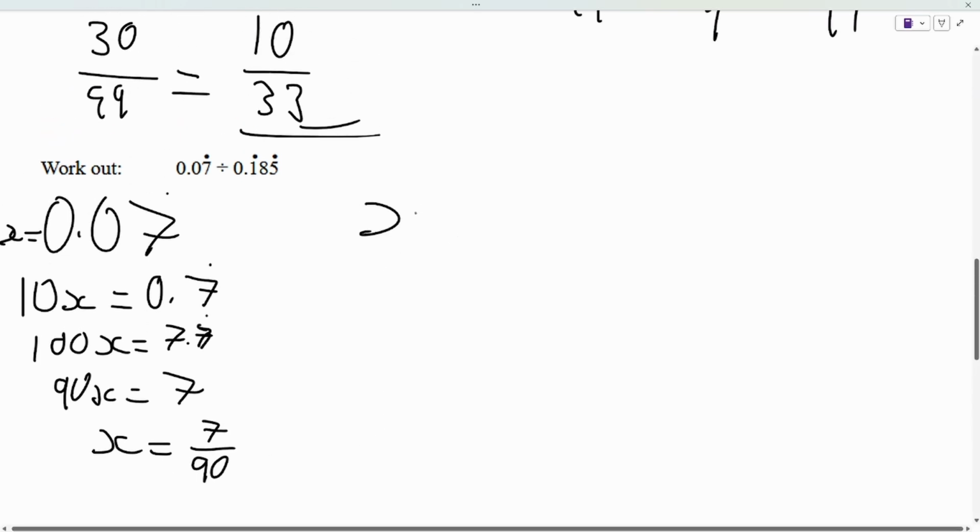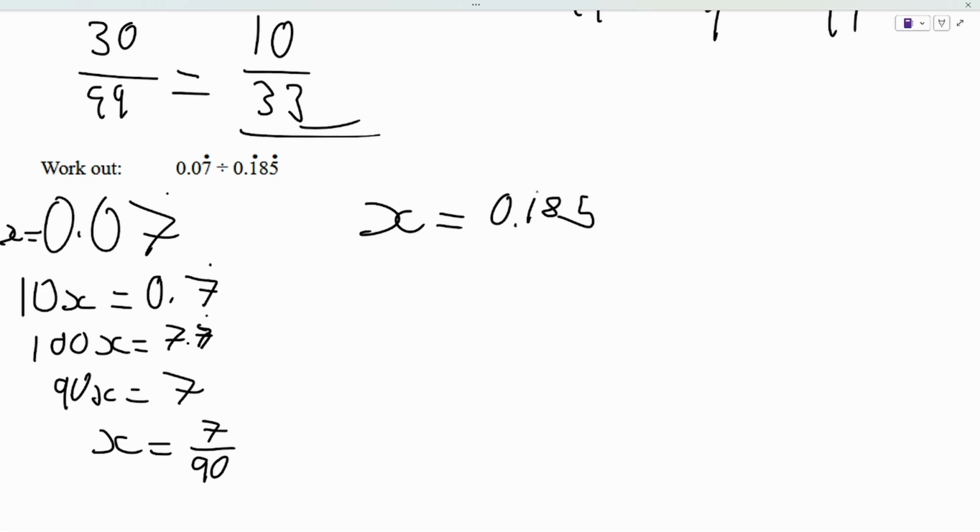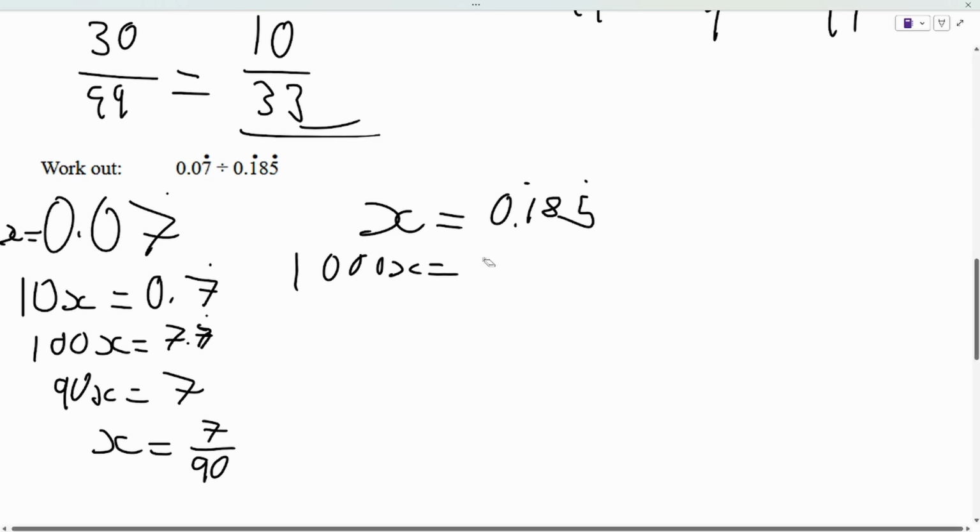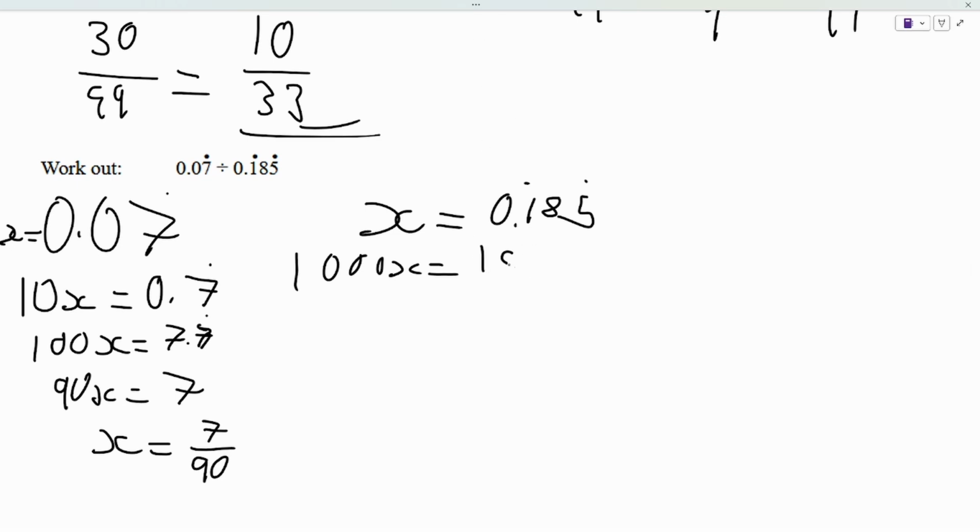And then the 0.185, same steps as before. 185 all recurring, so that means it's 1000x equals 185.185 recurring.